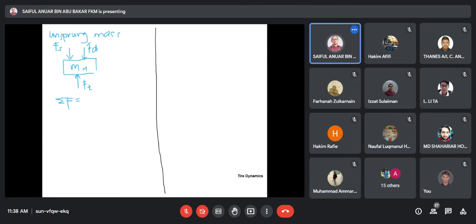Same thing: the summation of forces, and we neglect the effect of gravity.